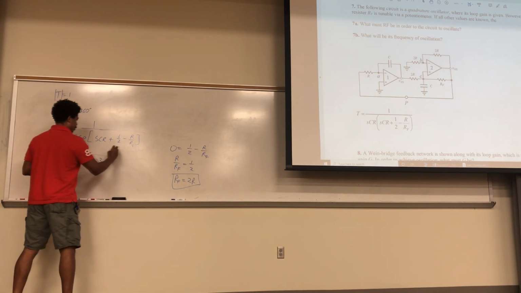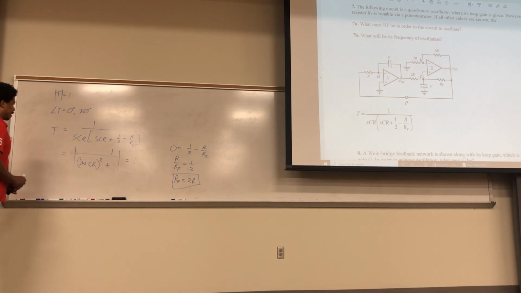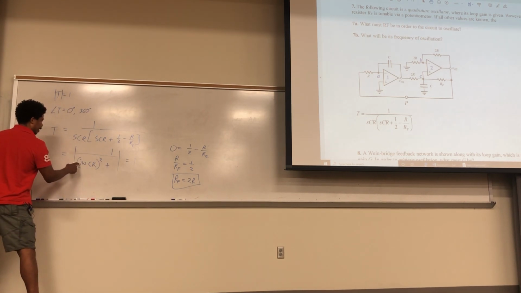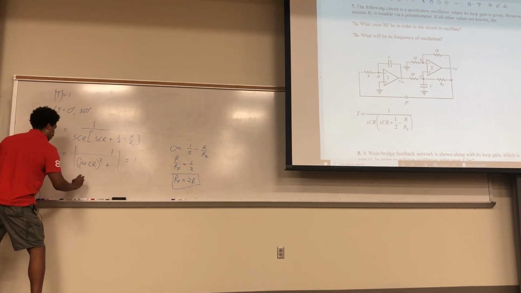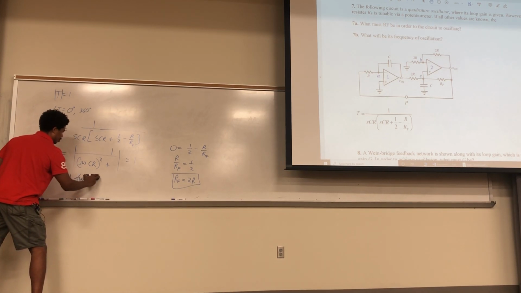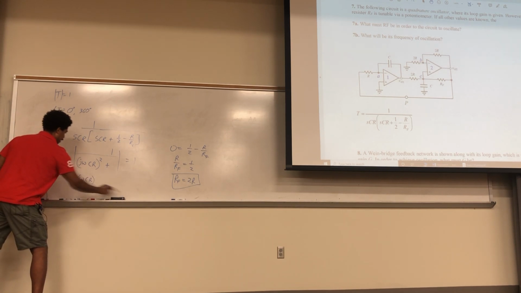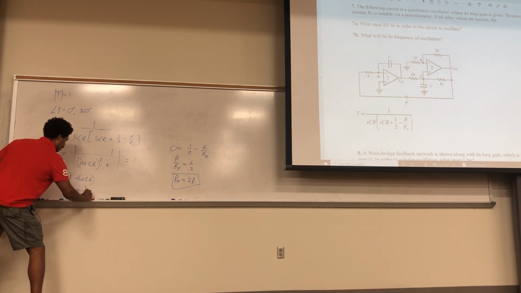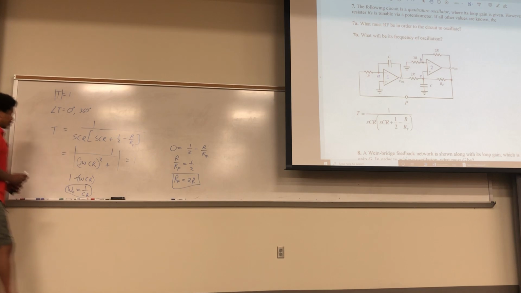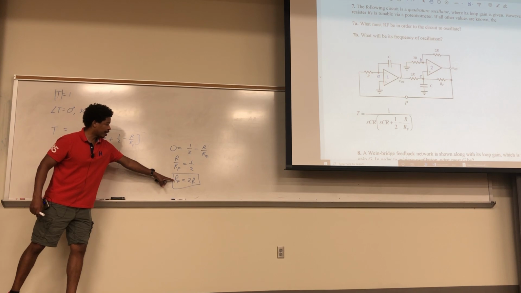And if we set this magnitude equal to 1, then omega CR is going to be equal to 1. Well, we can get the square off because it doesn't matter anymore, right? That's 1 over there. So omega is going to be equal to 1 over CR. This is the frequency that it's going to oscillate at, and that's what RF needs to be for oscillation.